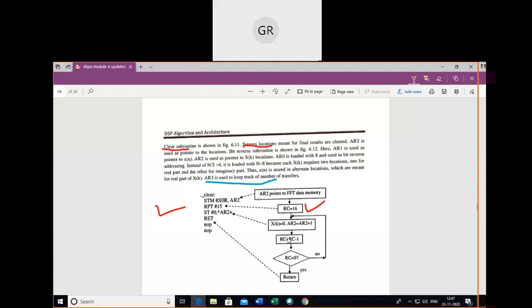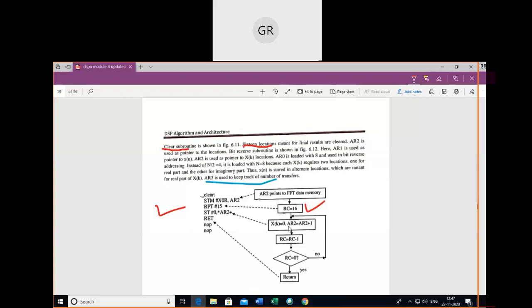Then here RC equals RC minus 1. If RC equals 0, okay, return to the main program. Otherwise, return to here only.